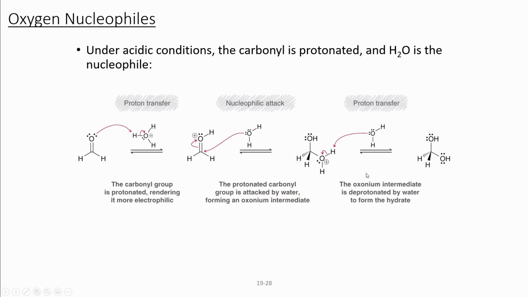In acidic conditions, the first step will be a proton transfer. And so always in acidic conditions, the first step, proton transfer. Once we've obtained the protonated ketone or aldehyde, the second step will then be nucleophilic attack, which will be followed up by a proton transfer that will give the hydrate.